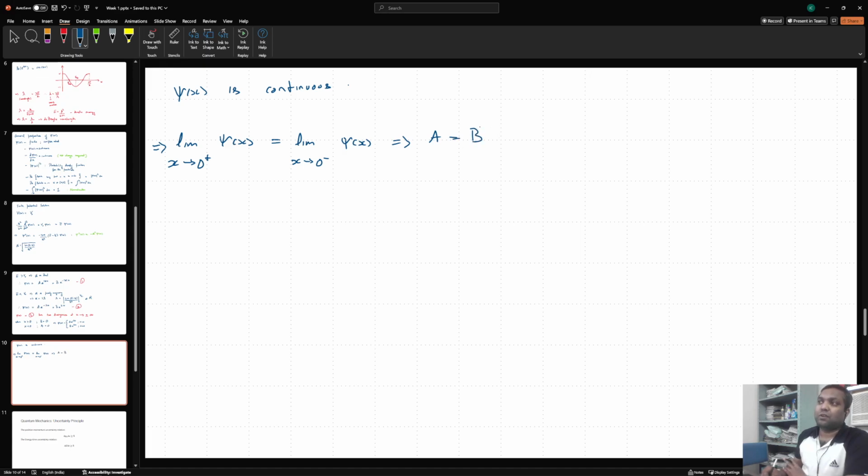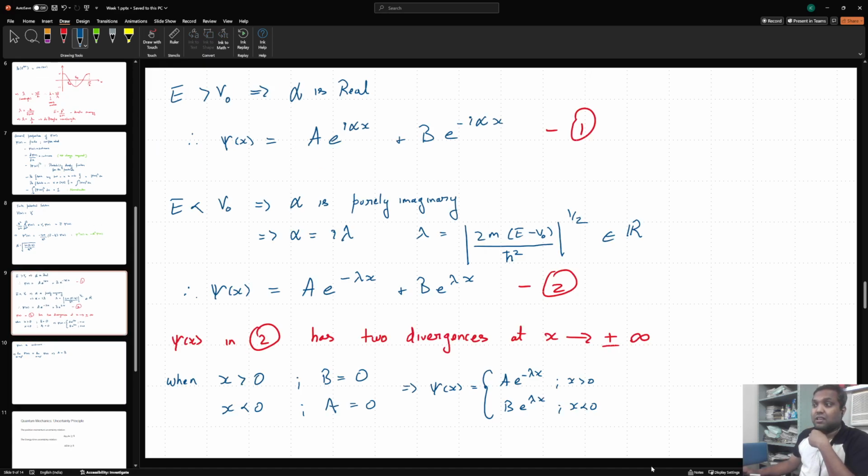So let me say that quantity is a itself. So a and b have to be equal.